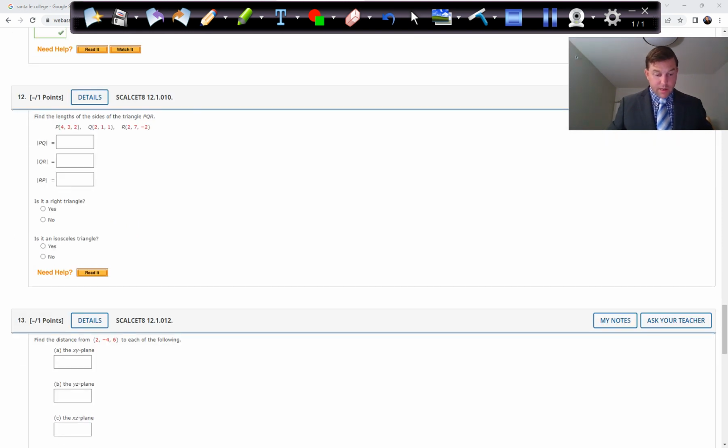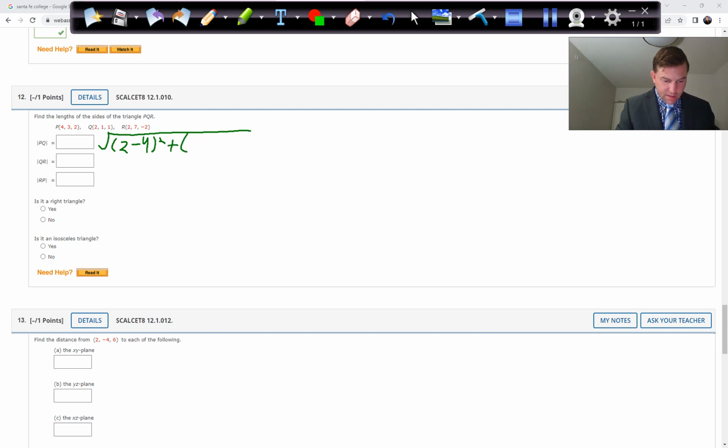Okay, for 12, we've got to find the lengths of some triangular sides, so let's give it a shot. We had seen one really similar to this, so we just have to take the square root of each x value subtracted and squared, y value subtracted and squared, z value subtracted and squared. So from P to Q, Q is the endpoint, and we have 2 for its x value, minus 4 for the P x value squared.